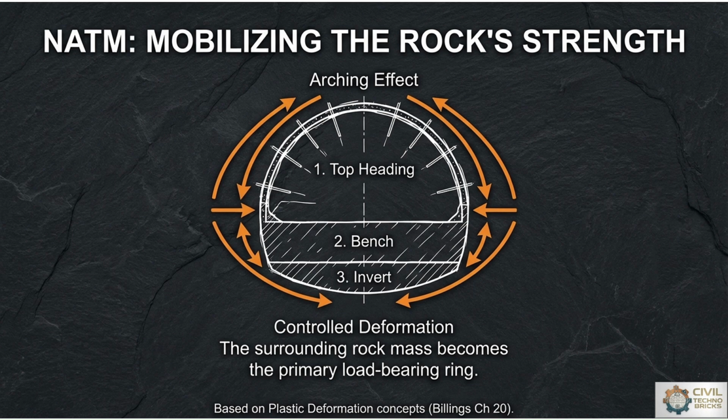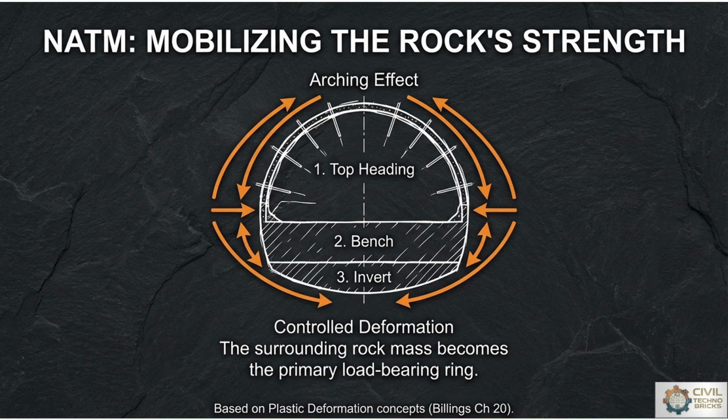Here, the anchoring effect is there to the overall tunnel from the outward side. So there are three parts of the tunnel: top heading, bench, and invert. The invert is the bottom part, the second middle part is the bench, and the operational part is the top heading.